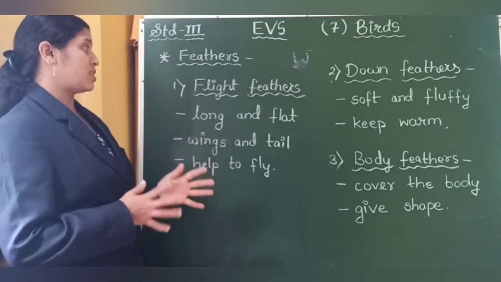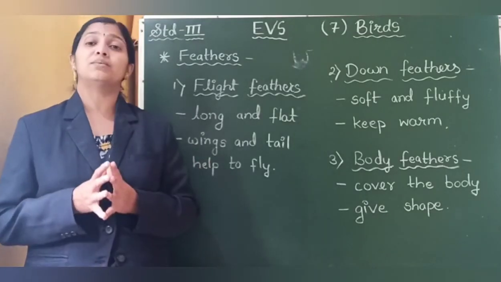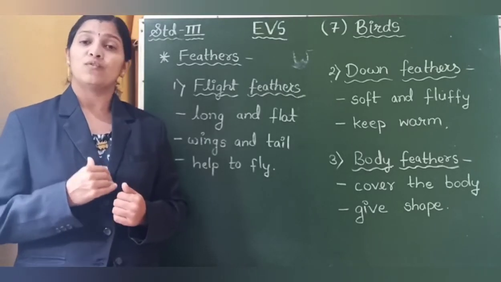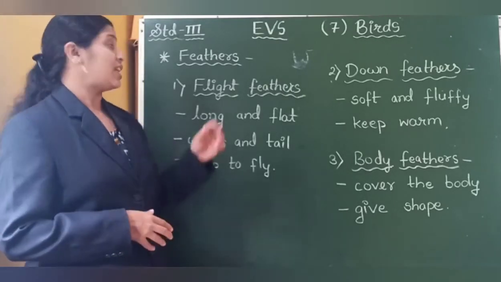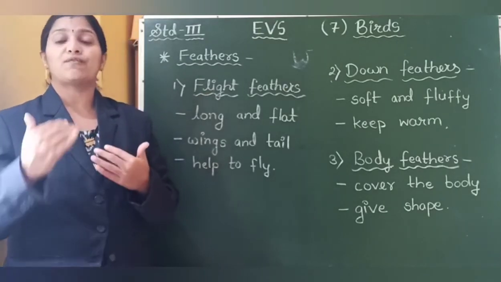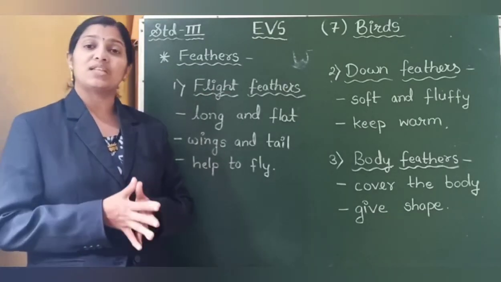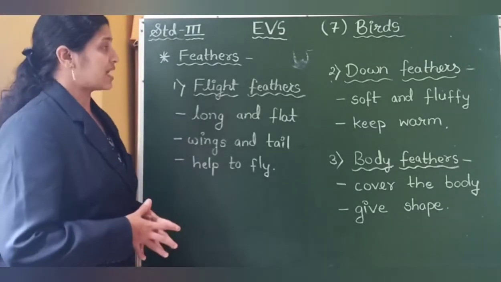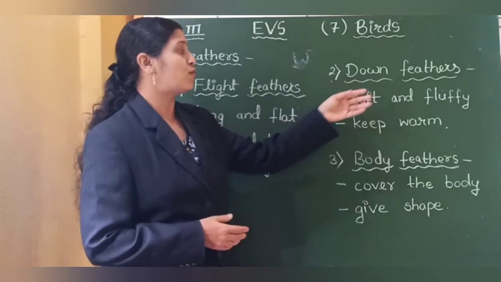And these feathers, the flight feathers, help the bird to take a flight. They help the bird to fly into the sky. The name of the feather itself tells us that the flight feathers help the bird to fly into the sky.